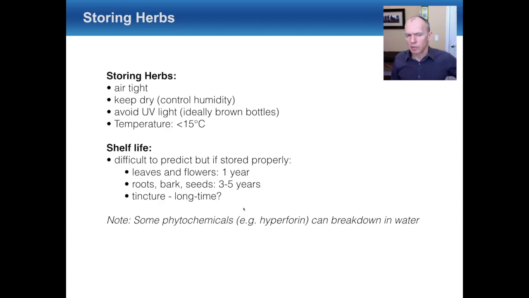It may lose some of its volatility, or the volatile oils will evaporate off a little bit, but the more intact they are, the longer they'll last. So leaves and flowers, maybe a year or two. If you have teas in your clinic, I would maybe change them after a couple of years. One year should be good.